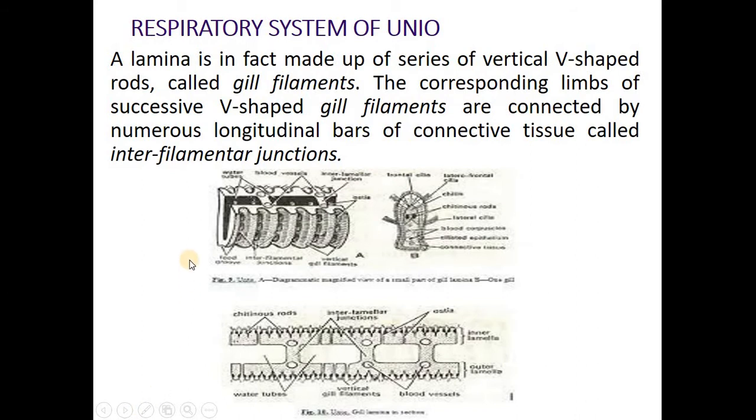Now, further, we discuss the lamina. A lamina is in fact made up of a series of vertical V-shaped rods called gill filaments. The corresponding limbs of the successive V-shaped gill filaments are connected by numerous longitudinal bars of connective tissue called interfilamentary junctions.